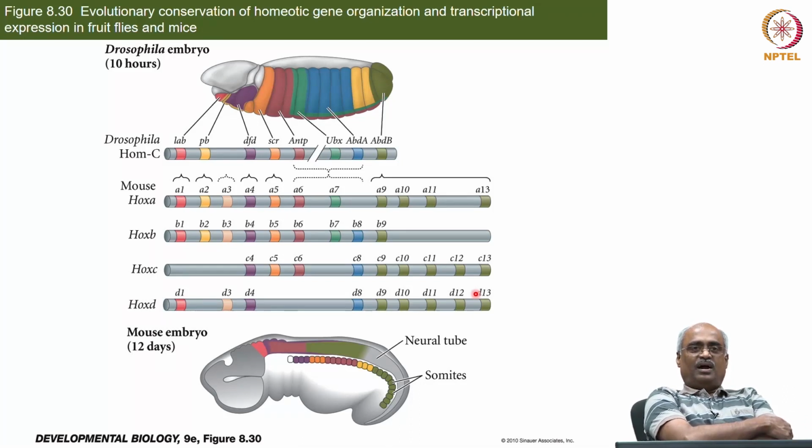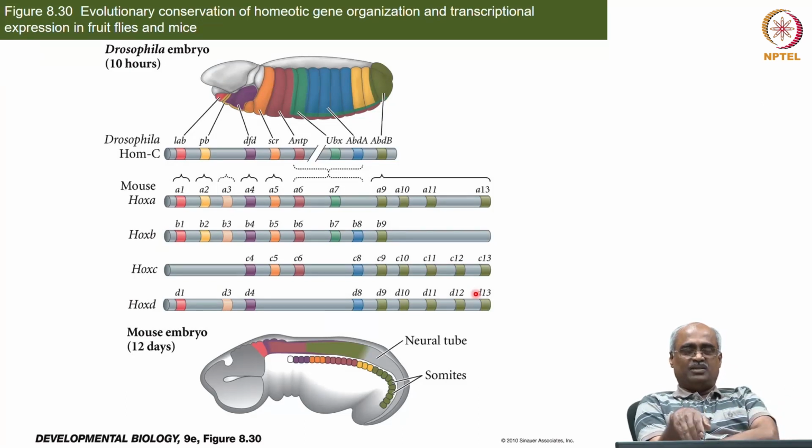Okay, and I told you that they are arranged on the chromosome from the 5 prime end to 3 prime end, and they keep the same sequence, that is collinearity, in the way organs form from anterior to posterior.